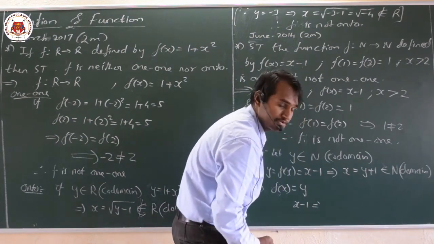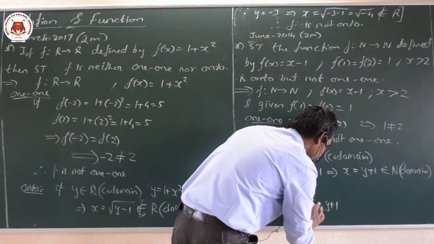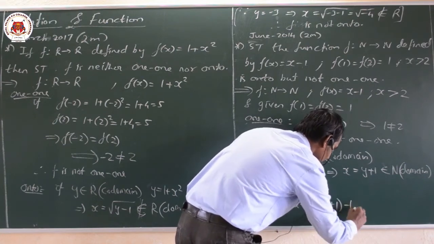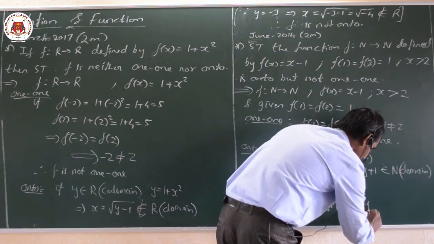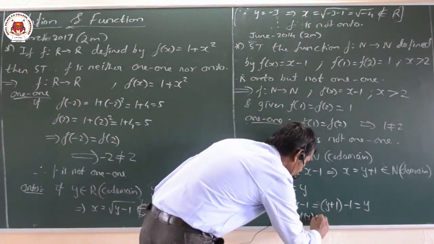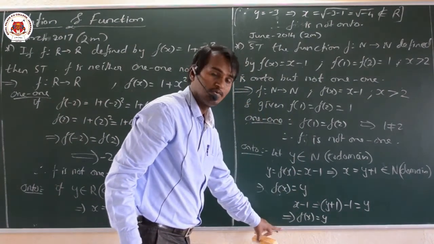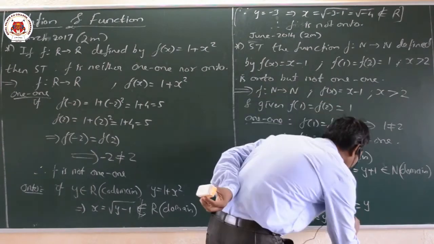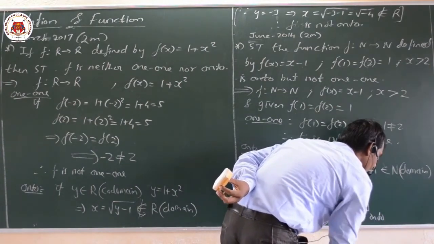That is y plus 1, and next minus 1. So ultimately plus 1 minus 1 get cancelled. What is the remaining part? Only y. So what we have shown here is f of x equal to y. Therefore f is an onto function.